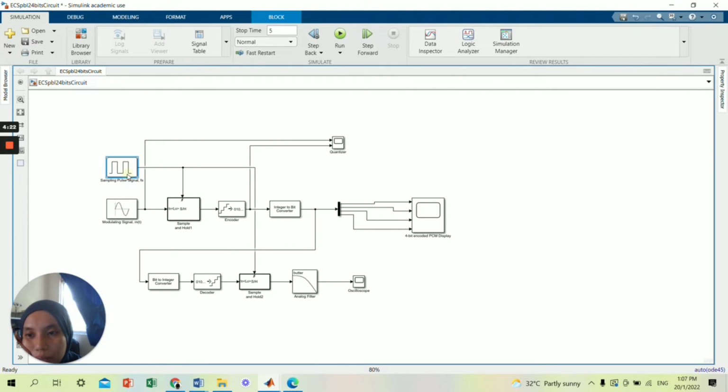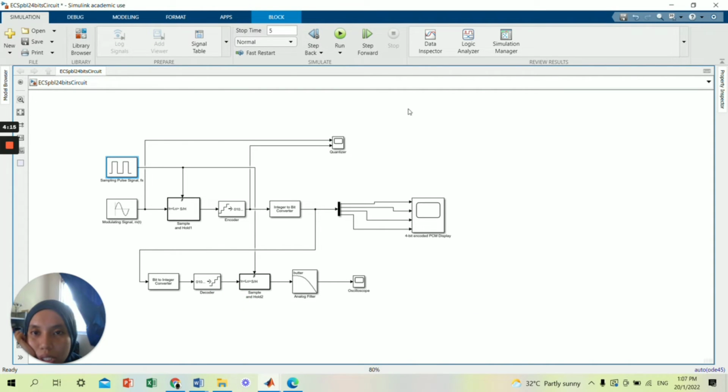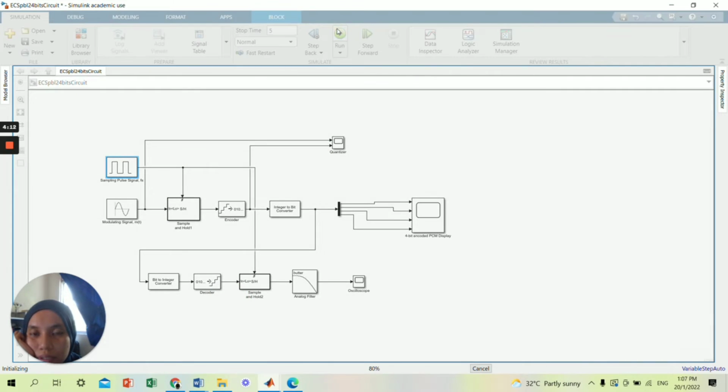From that we put 0.05 because 1/20 is equal to 0.05. Okay, so I will run.